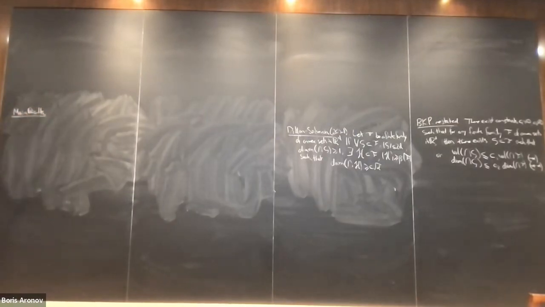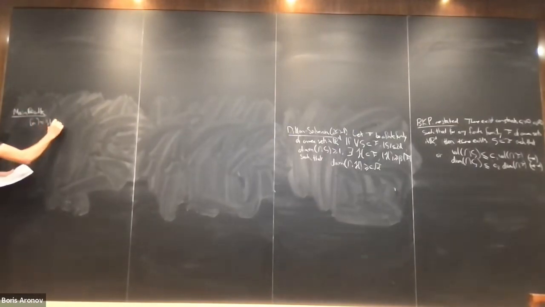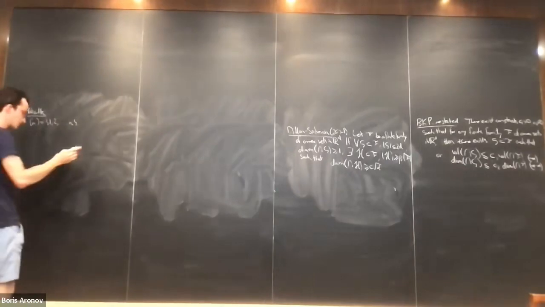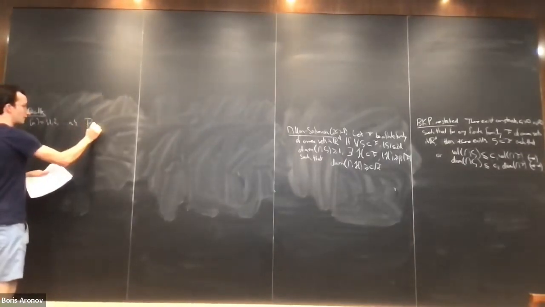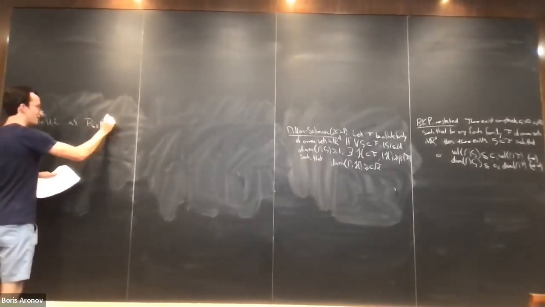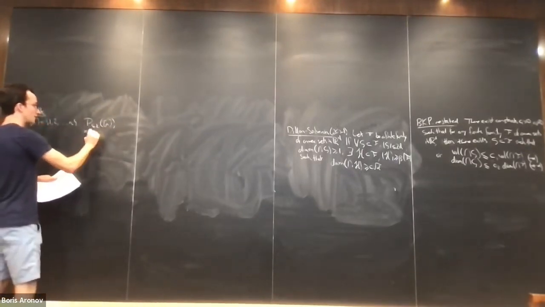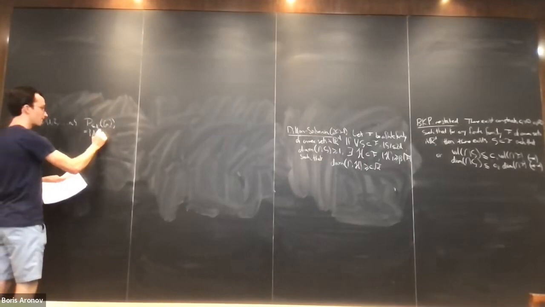So first, some notation. We let bracket n be the numbers 1 to n. And this notation P at most k of bracket n are the subsets of size at most k in bracket n.